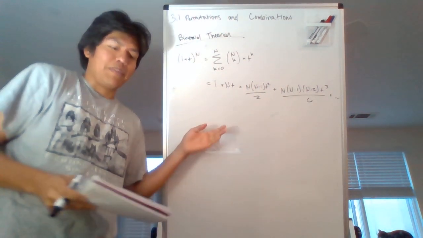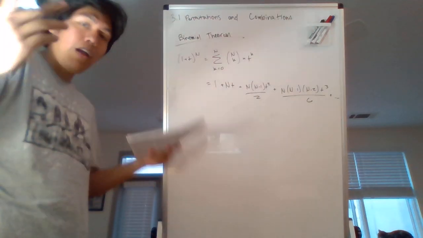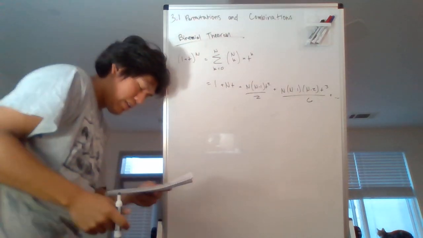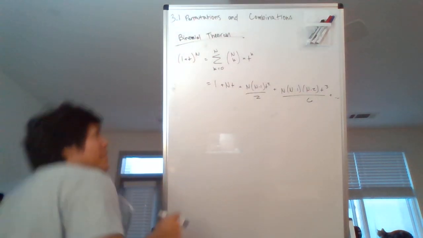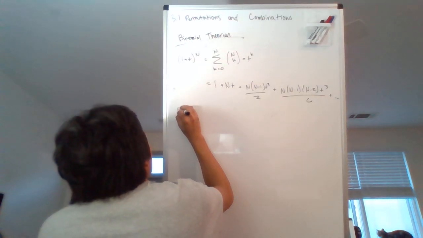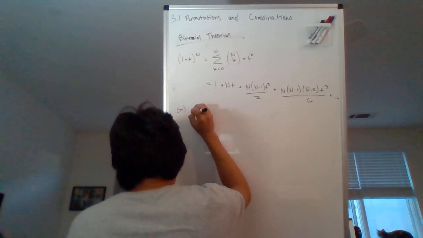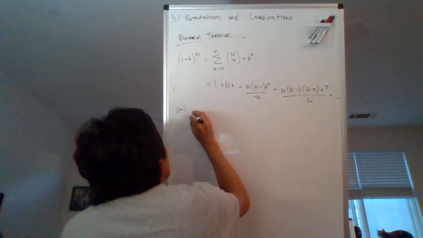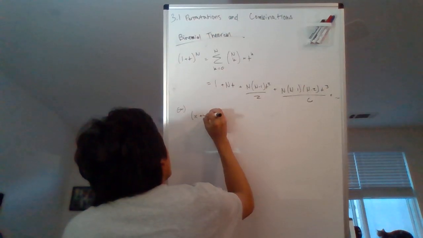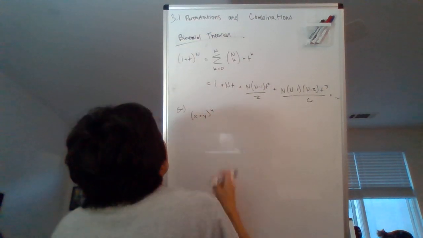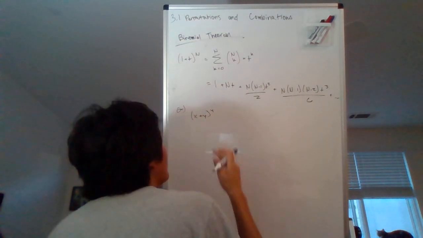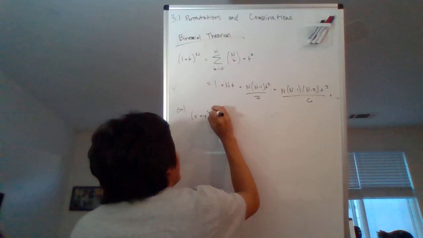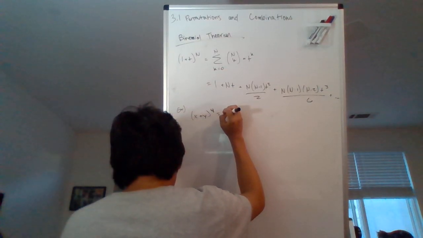Literally, what does any of this mean? I'll show you in an example. Let's say we're given the equation of x plus y raised to the 4th. If we were to expand this, it's going to look like this.